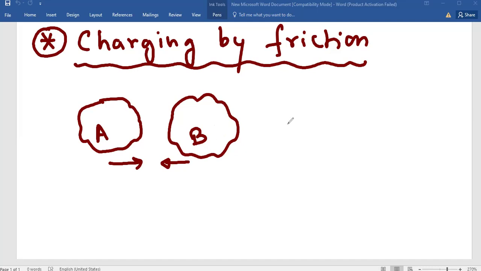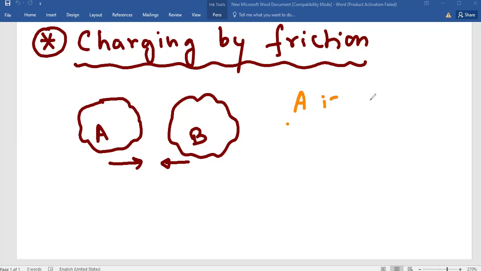And why will they do so? Because one of these objects will have more electron affinity. So let's say A has more electron affinity than B. What is electron affinity? Electron affinity is, you can say, attraction towards the electron.